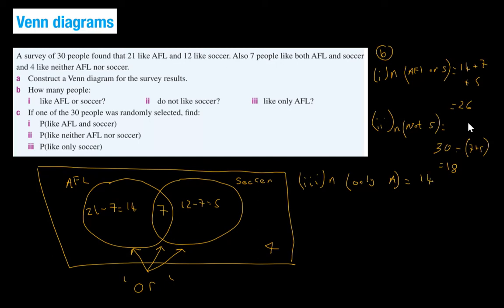Okay, the probabilities. Probability A and S. So A and S is always going to be this one. This is A and S. So that's going to be 7 out of the total.